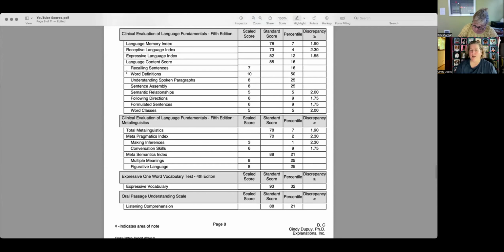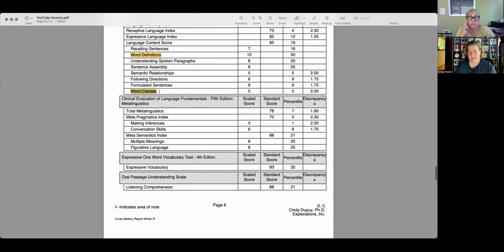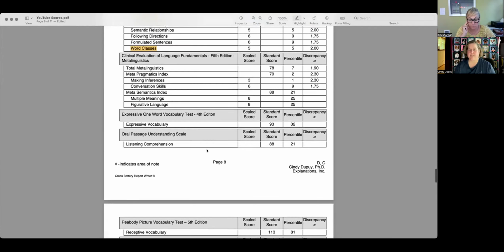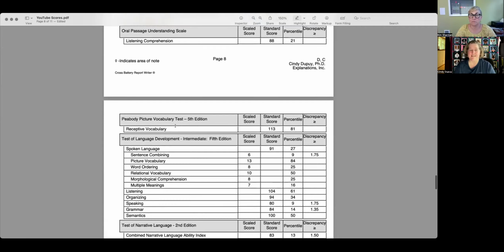So word definitions is at the, and I did that incorrectly. Word definitions is at the word level, technically kind of spilling over into a sentence level, but not too bad. Word classes is a sentence level task. Expressive vocabulary is, sorry, a word level task. These are all word level tasks.